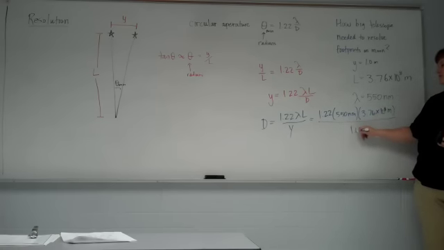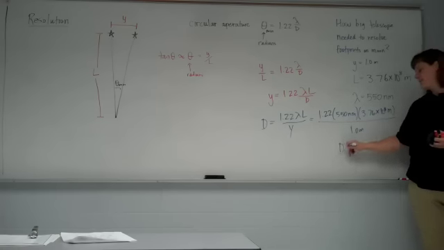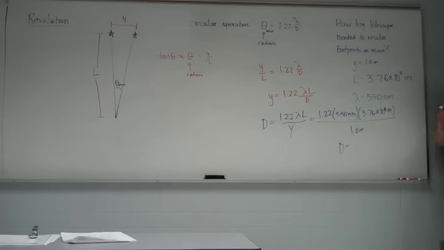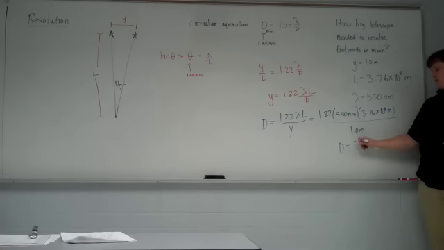Y approximately a meter. Nano is times 10 to the -9. Yes, nano is 10 to the -9. Well, divide by 1. I really need to do that on my calculator.